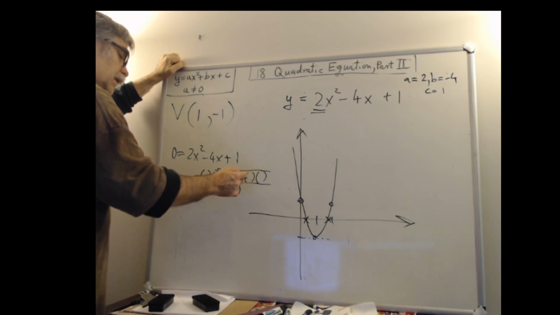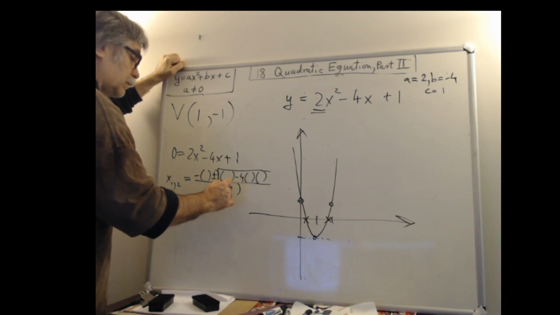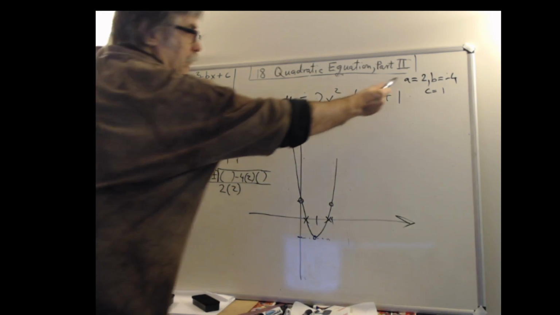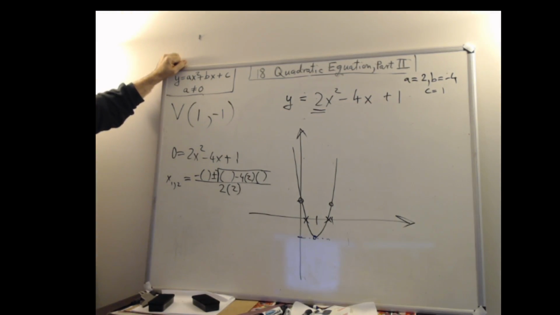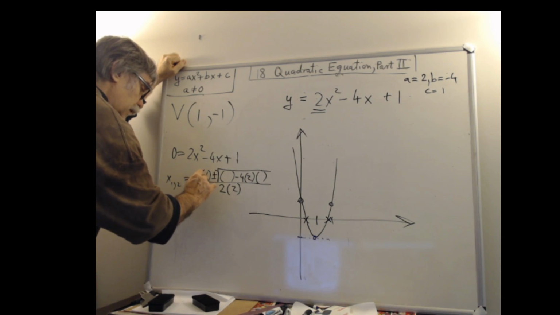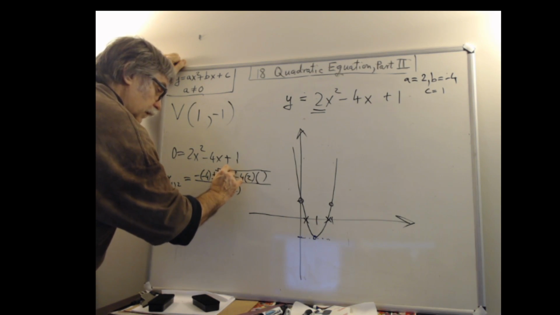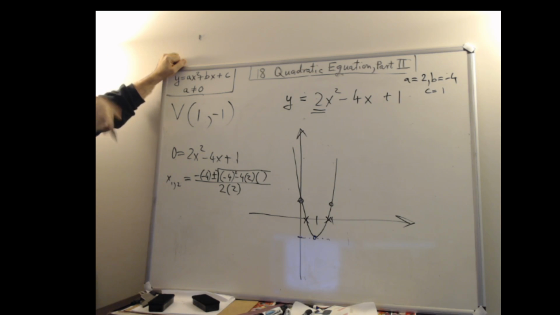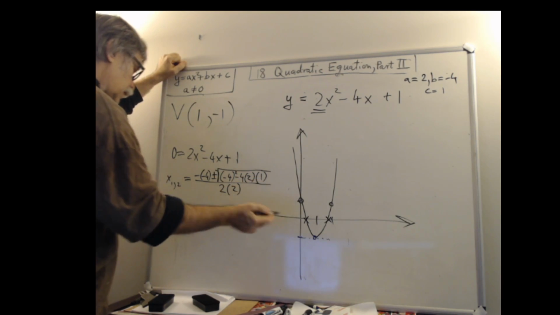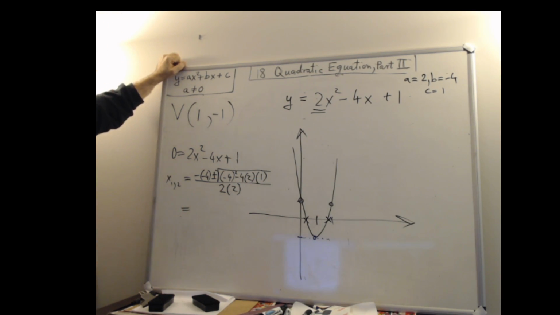It goes here and it goes here, and it's 2. The b, negative 4, goes in 2 places. One of them is here and another one is here. Oh, I forgot the square here, right? In the quadratic formula we have b squared minus 4ac. And c, which is 1, goes in one place only, here. So now, work it out.